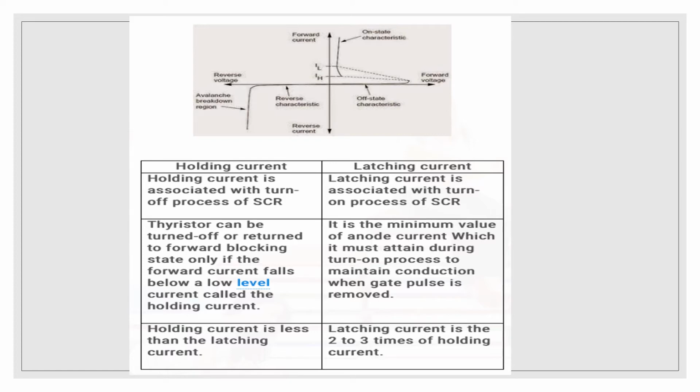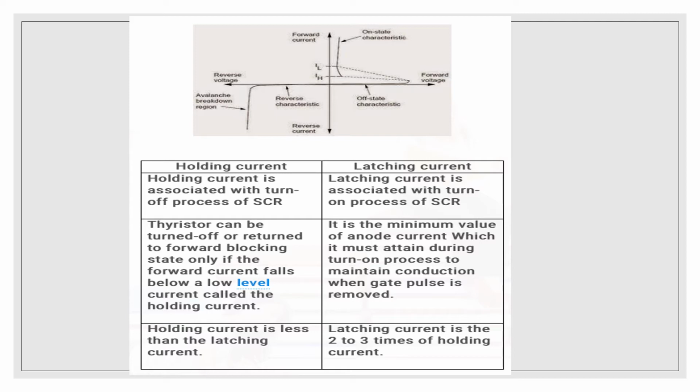Now here we have got two types of current flowing. Here I have to define the two terminologies used for the current. One is the holding current and second is the latching current. Holding current is associated with the turning off process of the SCR, and latching current is associated with the turning on process of the SCR.